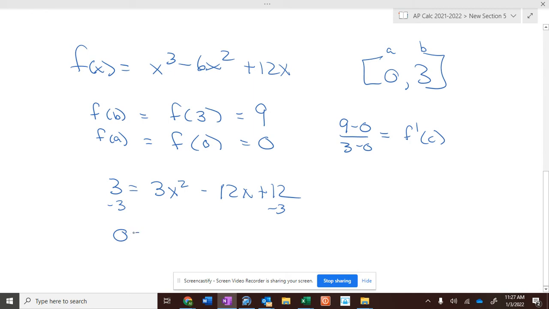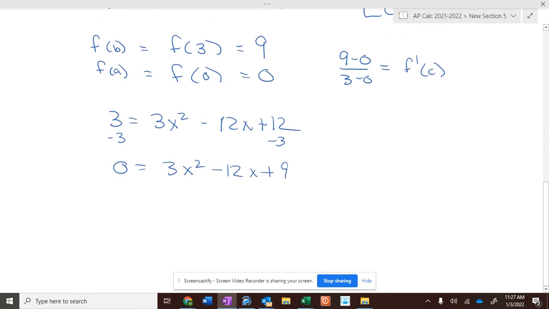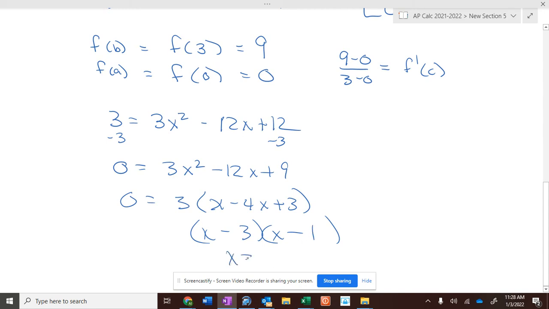We're not going to guess and check. We're going to solve. 3x squared minus 12x plus 9. I'm going to do factoring, not the quadratic formula. X squared minus 4x plus 3. How does it factor? X and x, minus and minus, 3 and 1. So x equals 3 and x equals 1.